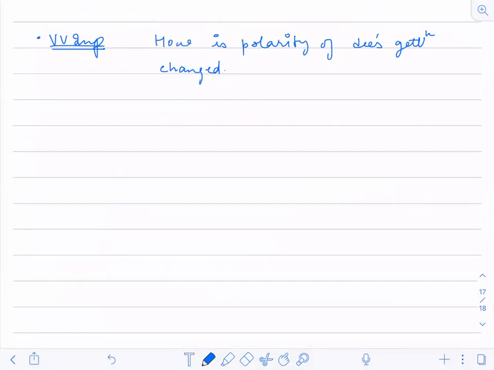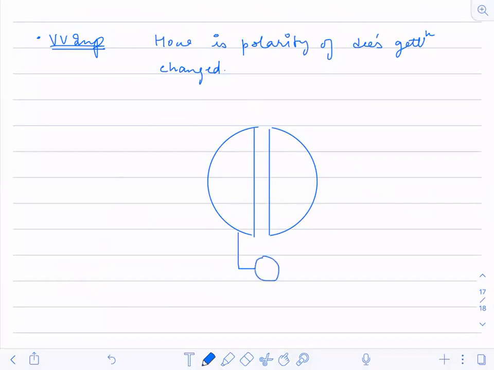So I had shown you this figure, and you will connect this with the high frequency oscillator, like this. You will draw only this figure in the exam, what I'm drawing right now.